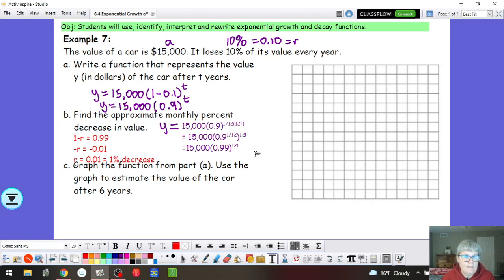So we need to graph the function from part A and use the graph to estimate the value of the car after 6 years. So if I use the function from part A, I'm just going to be plugging in for t, just like I did on the previous example. I'm just not going to write them all out on here.